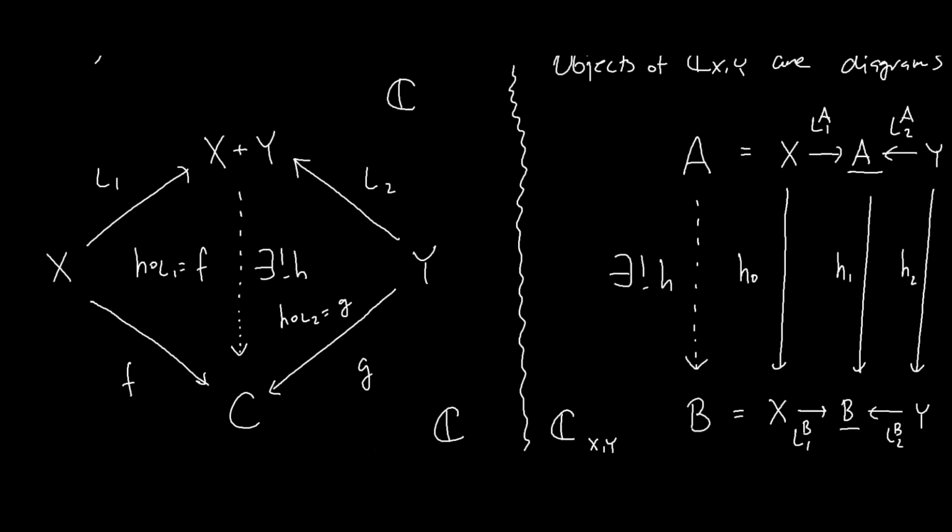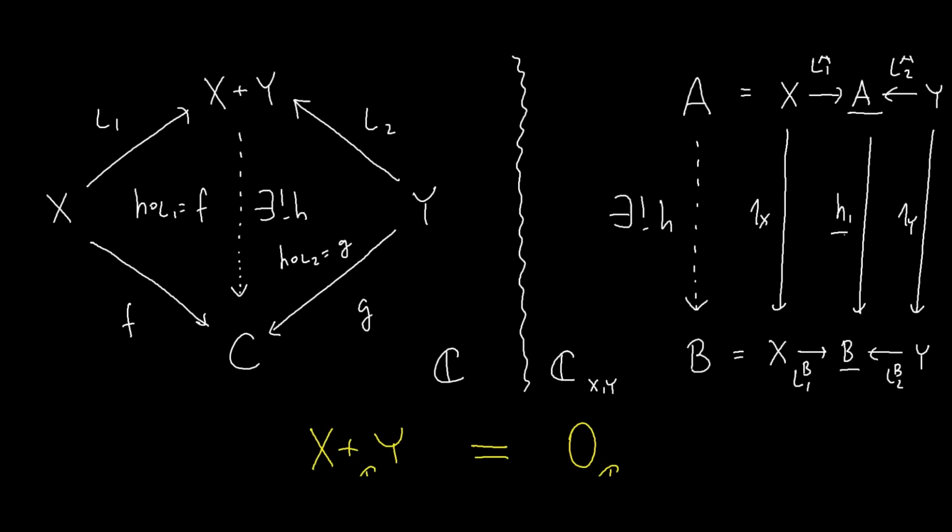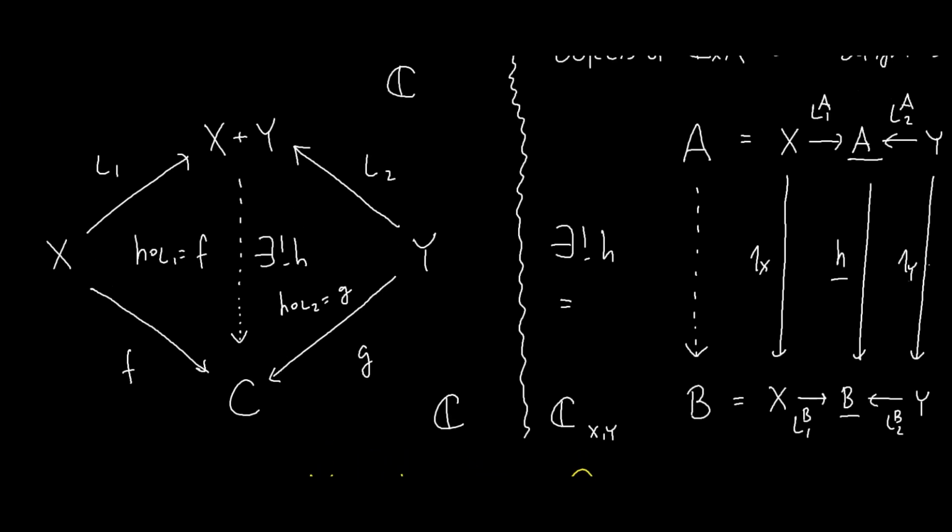So instead of what you suggested, let's propose that what you said is true, but in the special case when here we have identity of X and here we have identity of Y. So in other words, and then I'm going to call this H underscore. So in other words, a morphism from A to B is not given by a triple of morphisms because the first two are always fixed.